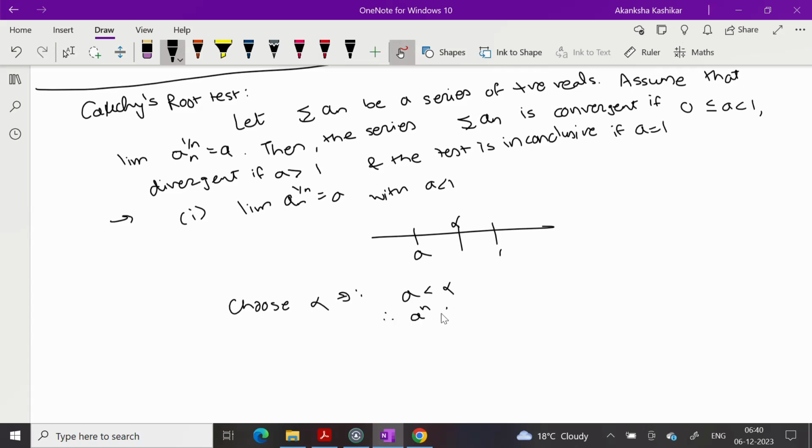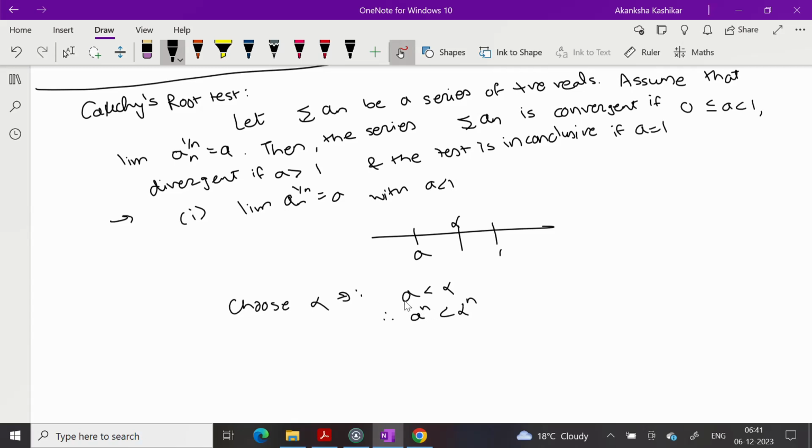Therefore a raised to n is less than alpha raised to n. And what is a raised to n? It is actually a_n, because it is the nth root, in the limit.